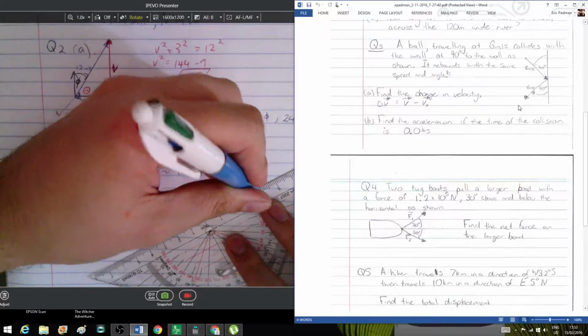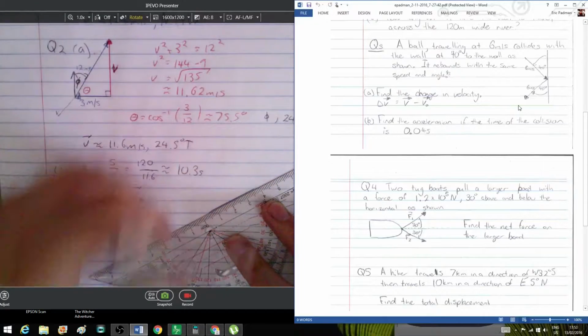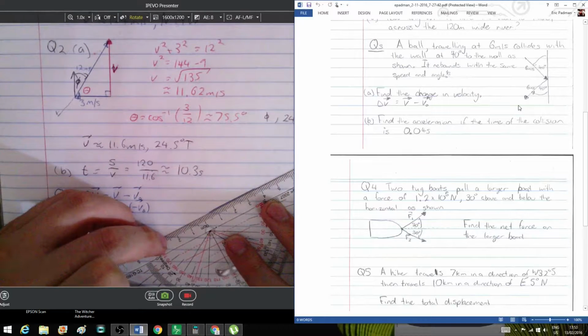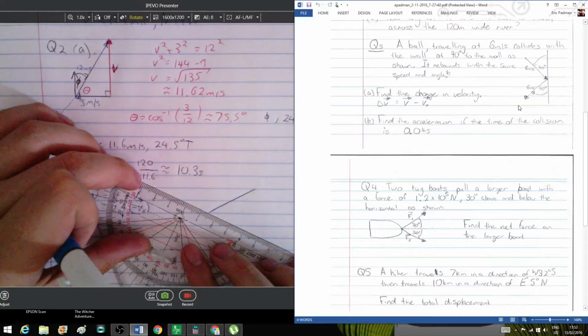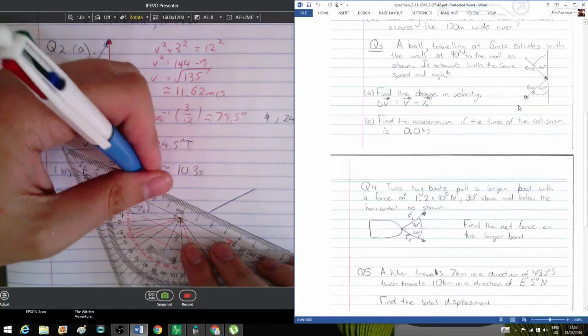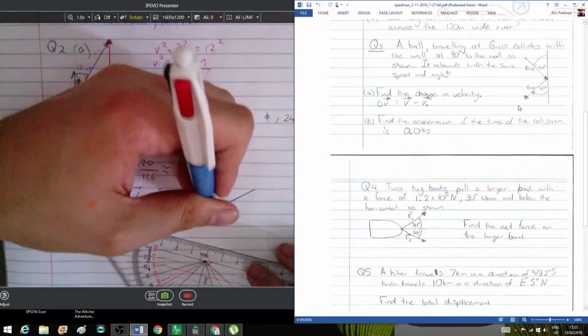I'm going to draw that, and I'm going to draw that. These two should be the same length, but not quite.